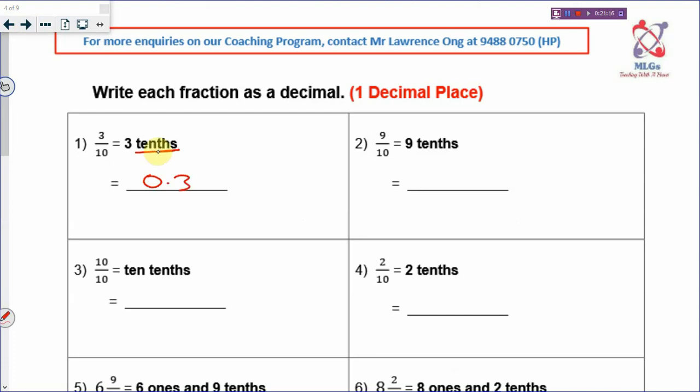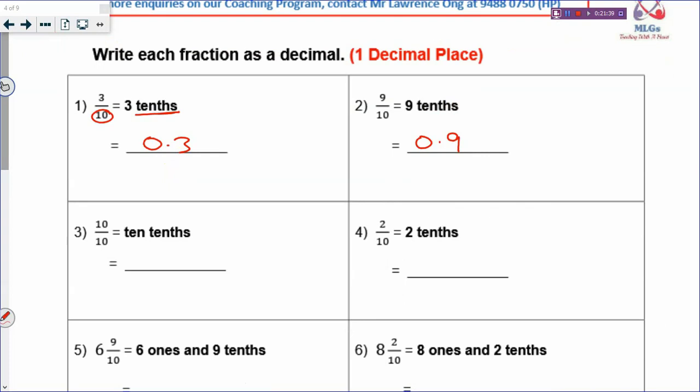And you can also see how you write the fraction: you have a 3 over 10. How about your 9/10? 9/10 is one decimal place, so that'll be 0.9. Okay, and then your 10/10. 10/10 is one whole.